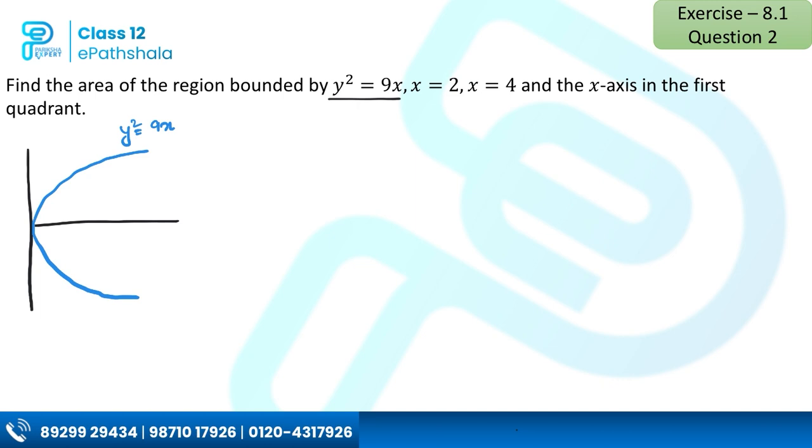And the lines are x is equal to 2. Let us take this as x is equal to 2 and x is equal to 4. It means the area that we have to find will lie in between these red lines. But it also says that we have to find the area only in the positive direction of the x-axis. It means we have to consider this area.